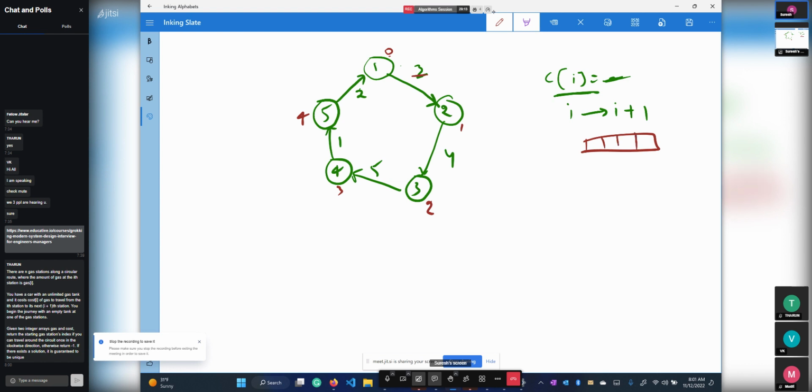So there are two arrays given: 1 2 3 4 5 is the gas available, and the cost is 3 miles, 4 miles, 5 miles, 1 mile, 2 miles, at the same indexes. So in order to go from the first station to the second station, you need to travel 3 miles. Is it clear?